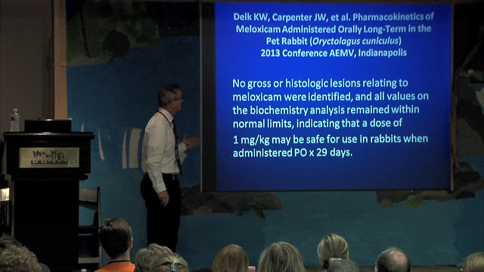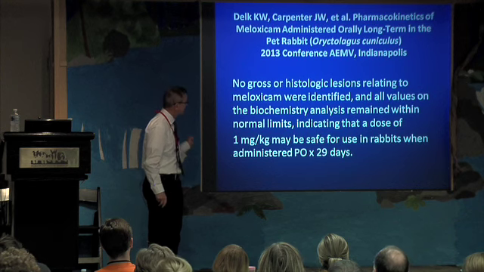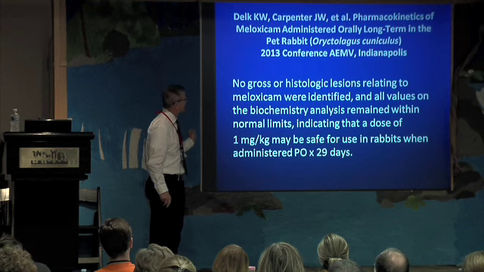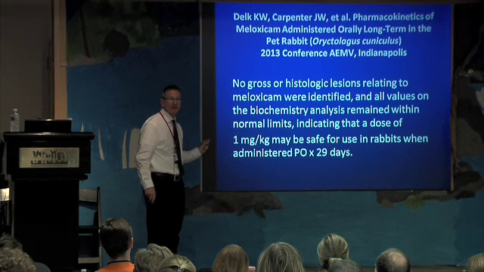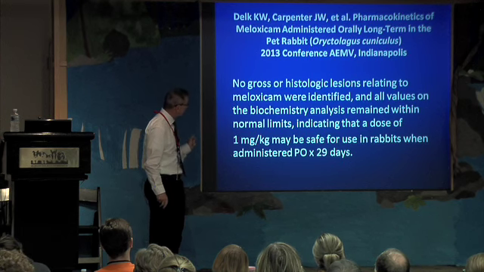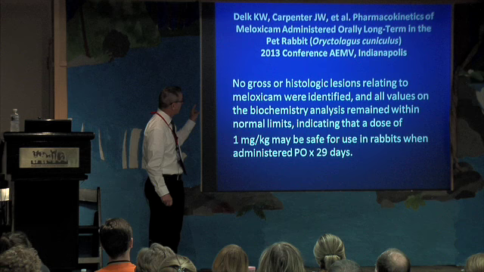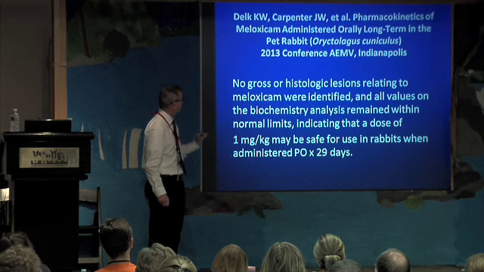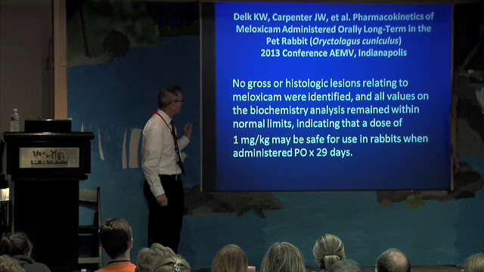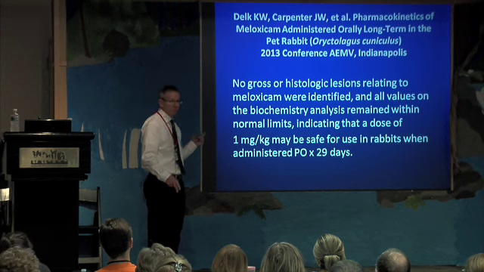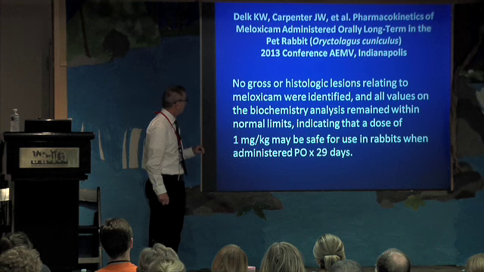That's what everyone was wondering in their heads. So Dr. Carpenter's lab actually did this. This was presented at the conference of the Association of Exotic Mammal Vets last year in Indianapolis. This was a 29-day study, at that 1 milligram per kilogram dose. No gross or histologic lesions relating to meloxicam were identified, and all values on biochemistry analysis, so your blood work, remained within normal limits.